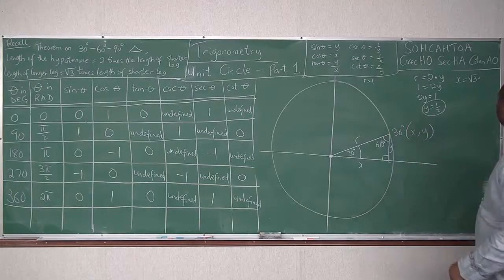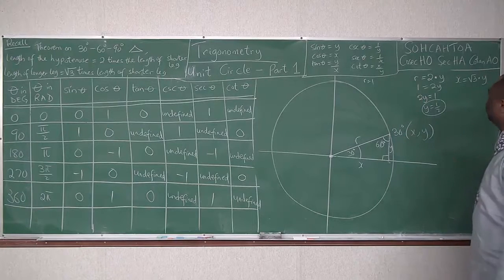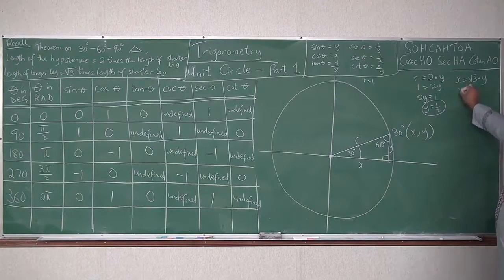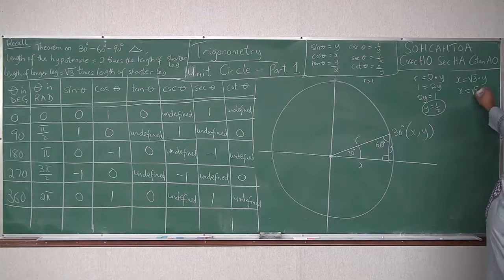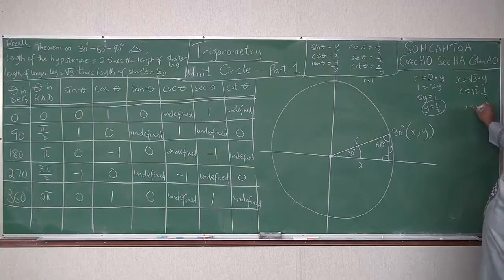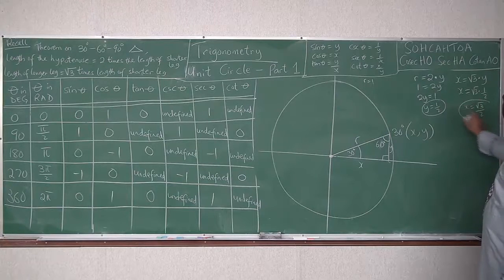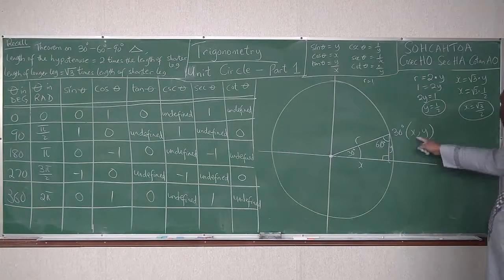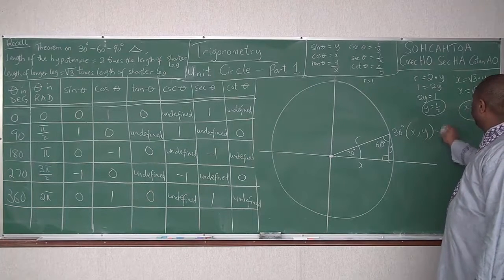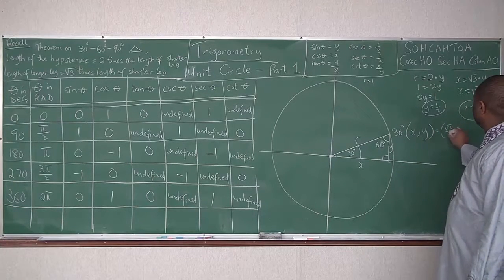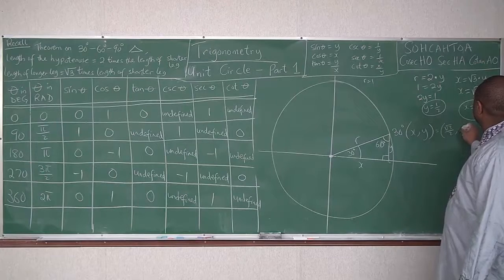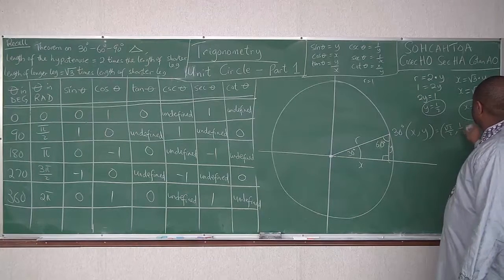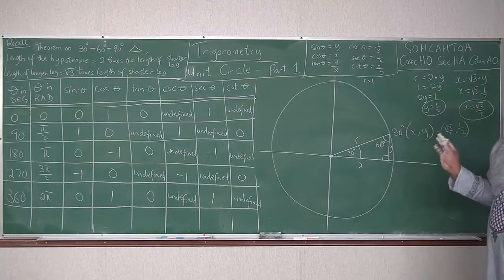Length of shorter leg, which is Y. So X will be what? Square root of 3 times 1 over 2. So X is square root of 3 over 2. So this means that our 30 degree now will be root 3 over 2 and 1 over 2. That is it for 30 degrees.